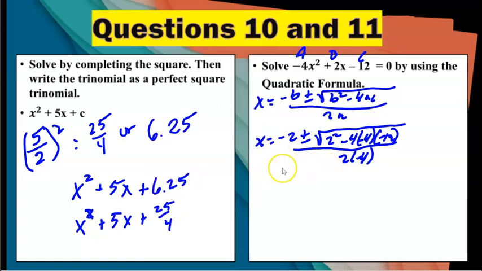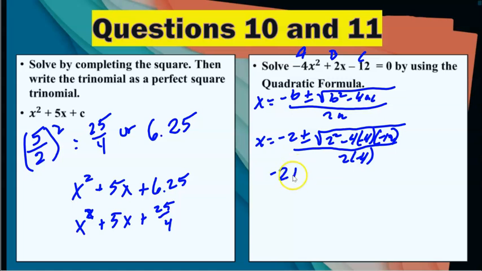So right now I have negative 2 plus or minus the square root of, so we have 4, and then we have 4 minus 4 times 4, negative 4 is negative 16, negative 16 times negative 12.